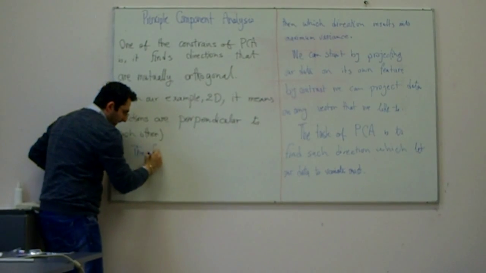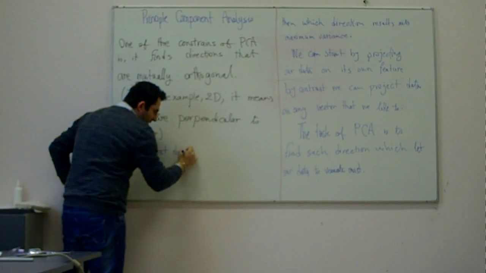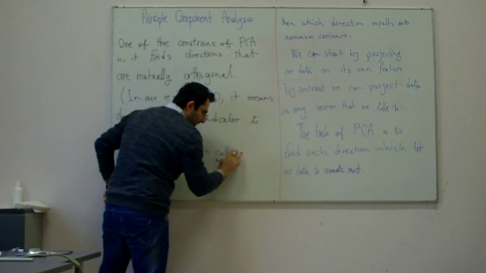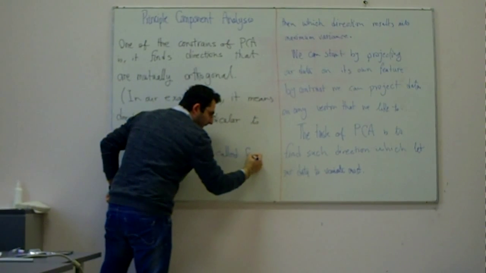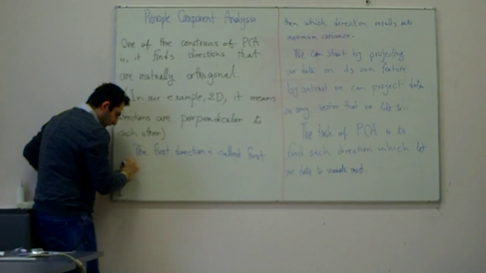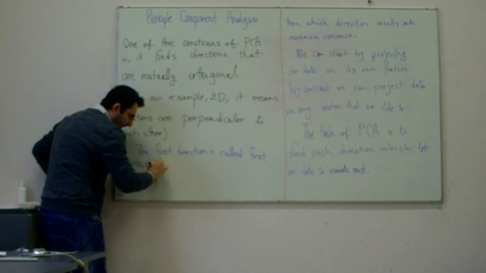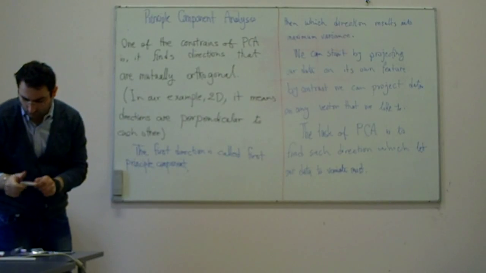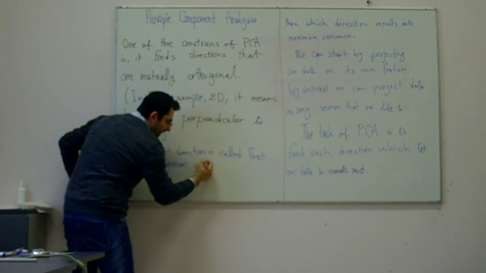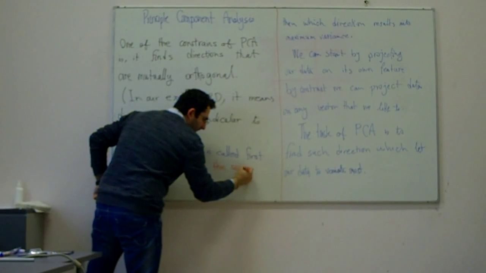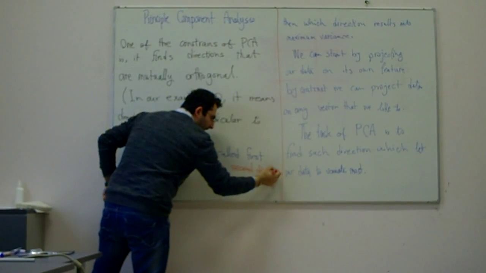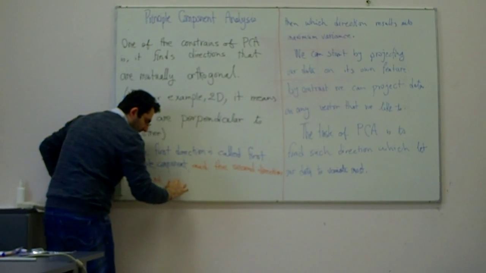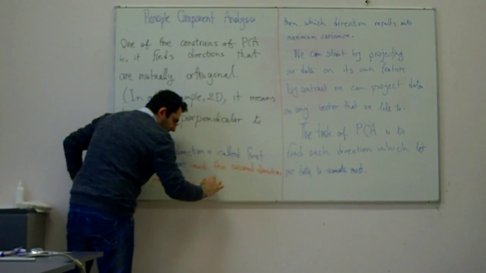the first direction is called the first principal component, and the second one, the second direction, is the second principal component.